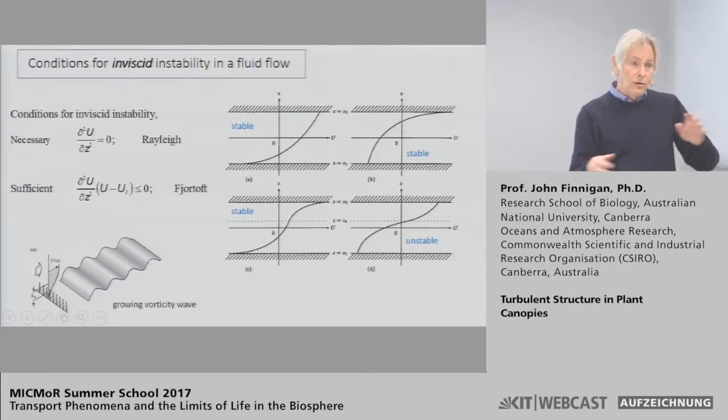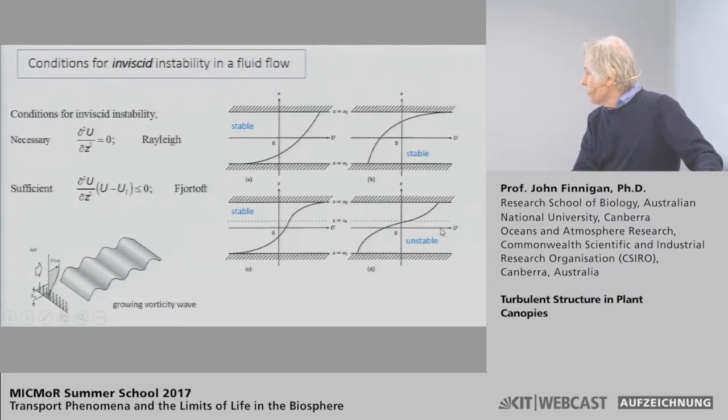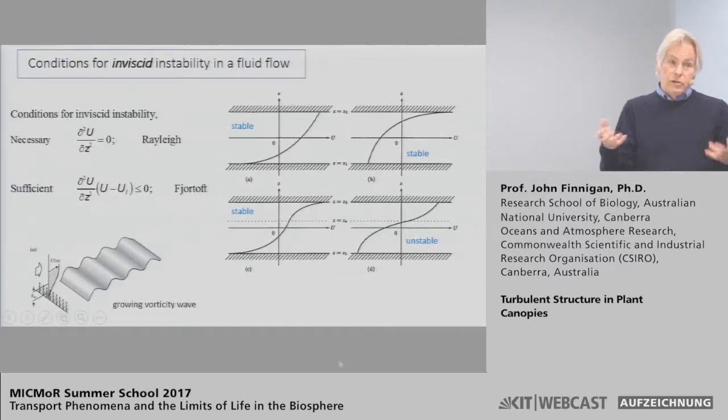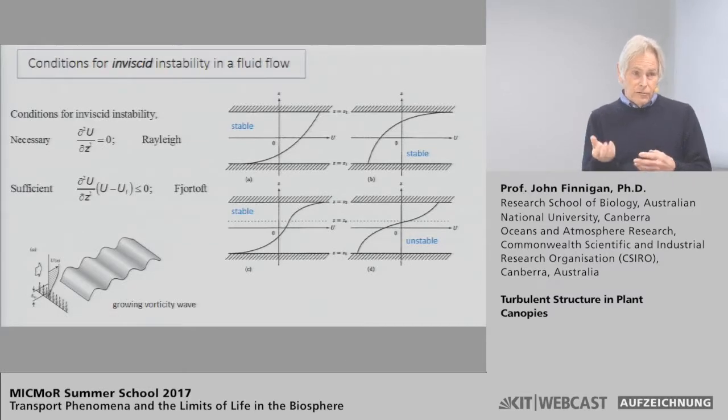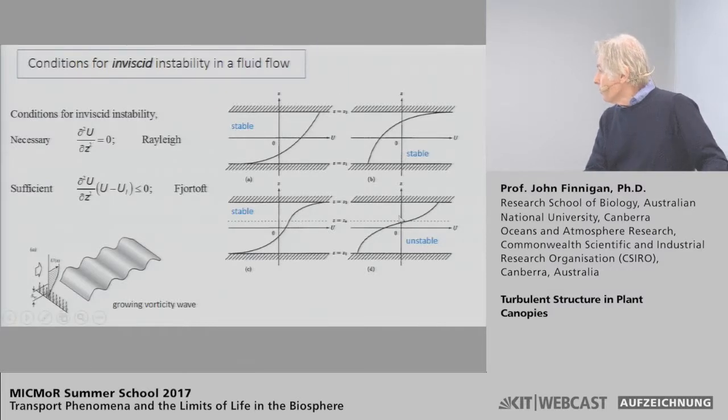I won't go through the arguments for it, but you can easily demonstrate this by noting that an inflection point like that means that there's a peak in vorticity at the center line and it decays on either side. So you can do a simple argument looking at displacement of parcels of vorticity and show that in that case, they will both be amplified if you move them off the center line.